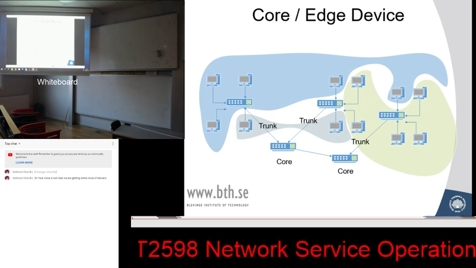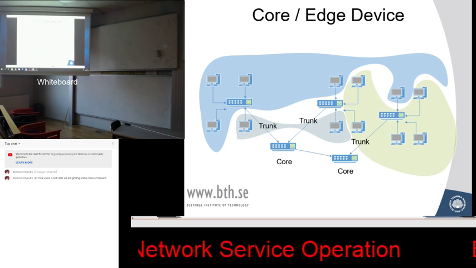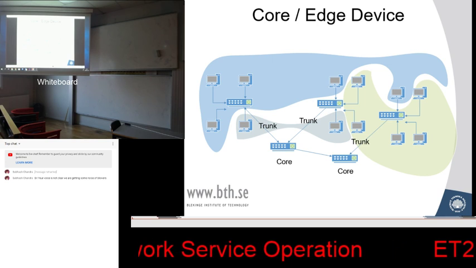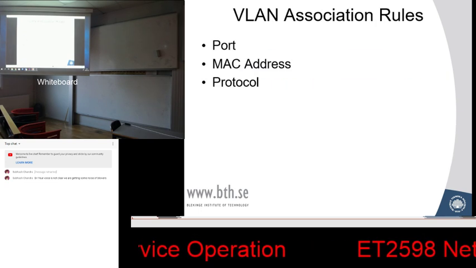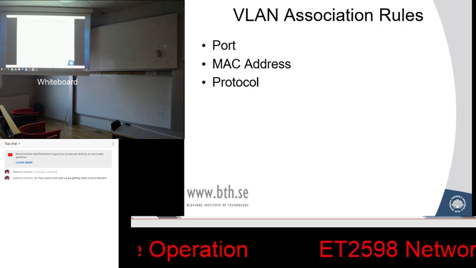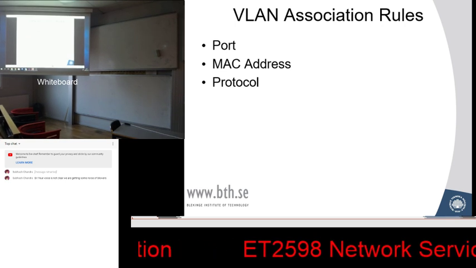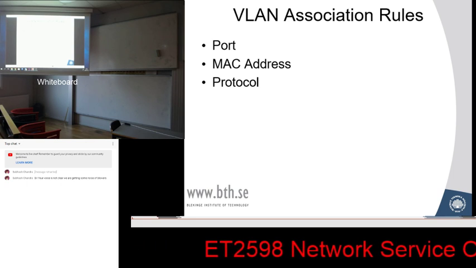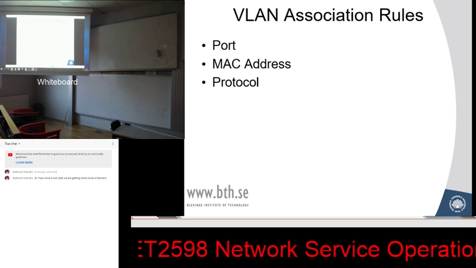But of course, you have to configure this in your switch. The switch doesn't know if it's a core switch or an edge switch when it starts. The VLAN association rules can be based on the port. As I said before, a packet comes in on a certain interface or port, and it belongs to a certain VLAN.